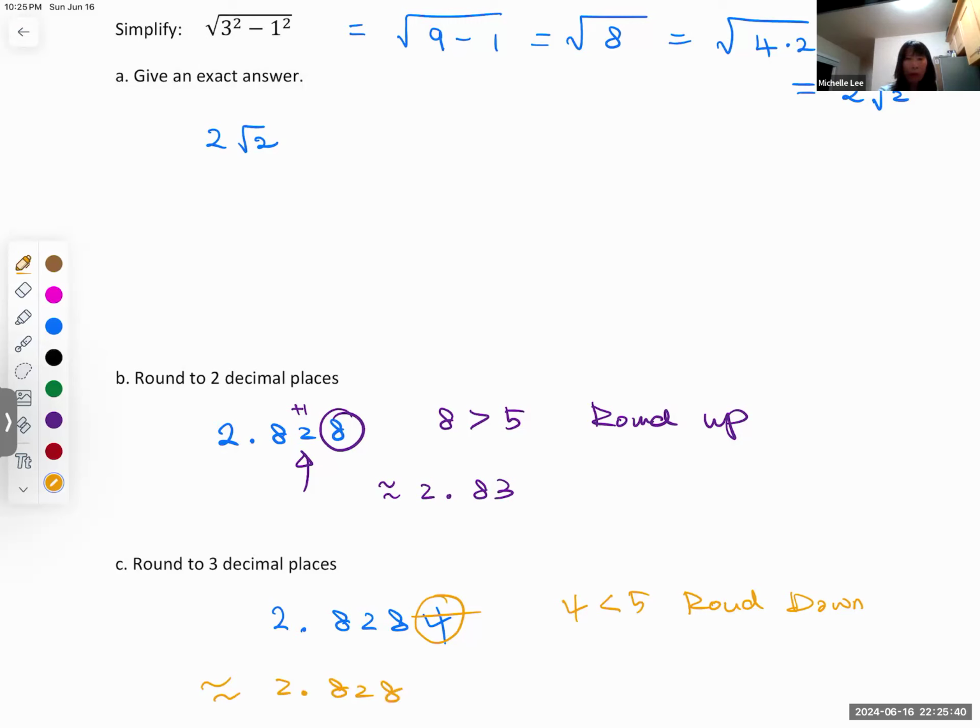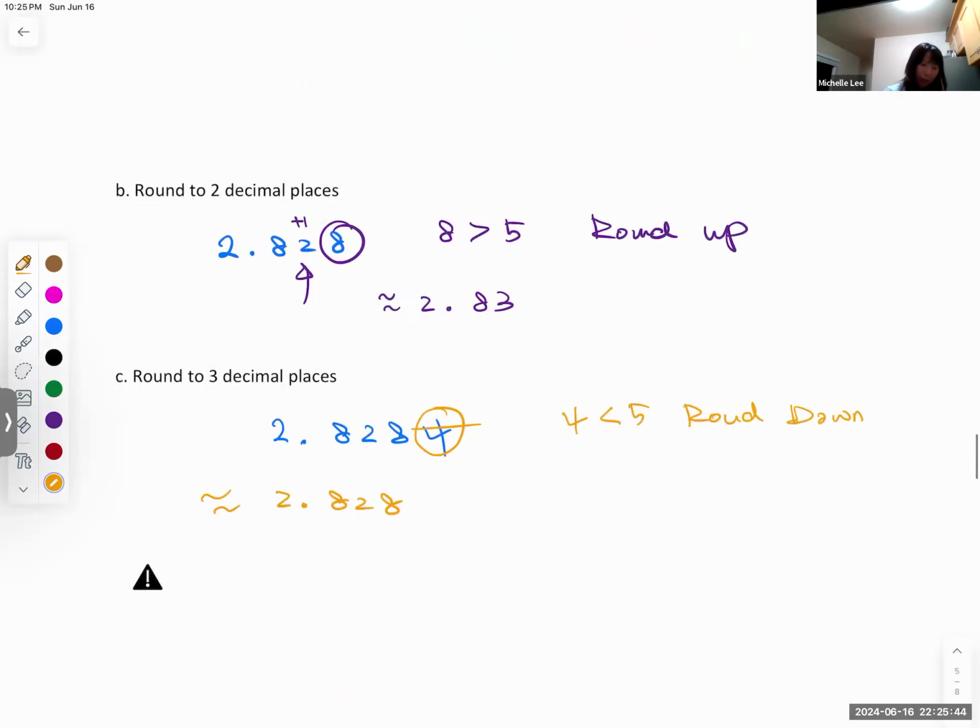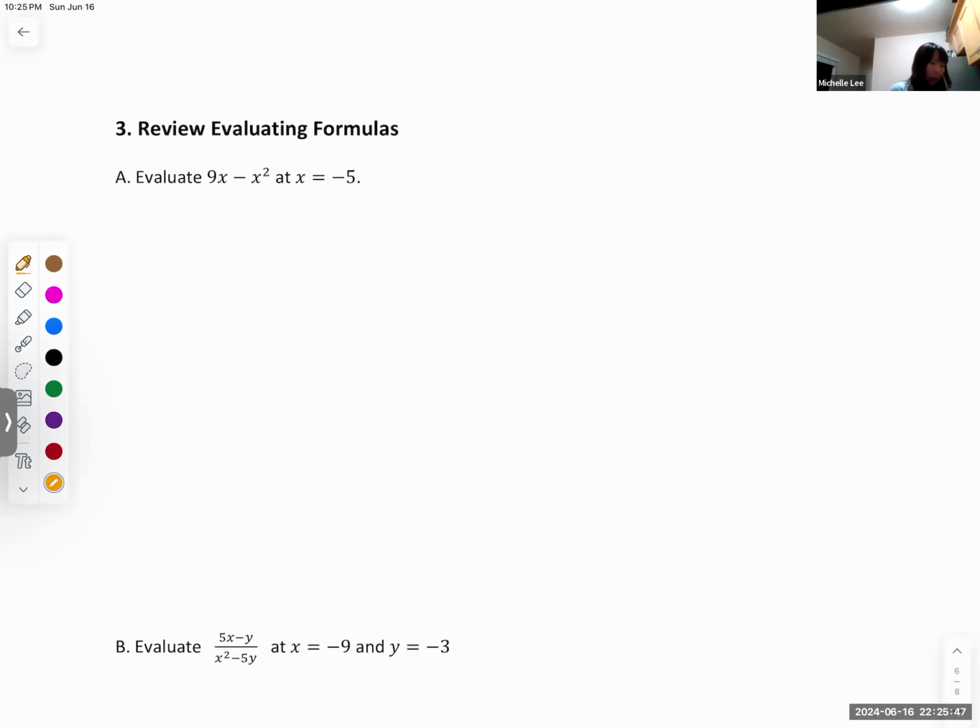Okay. Now, we want to evaluate the formulas. Okay. So we have to evaluate 9x minus x squared, with x equal to negative 5. So we substitute there, right? So negative 5 into the x. Okay, that will be 9 times negative 5 minus x squared.